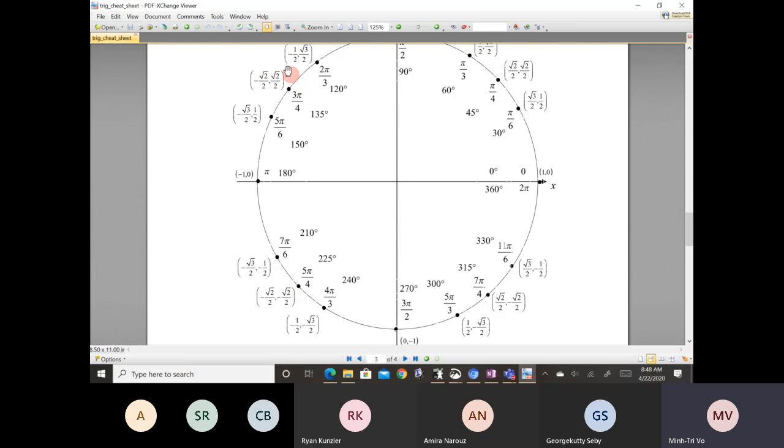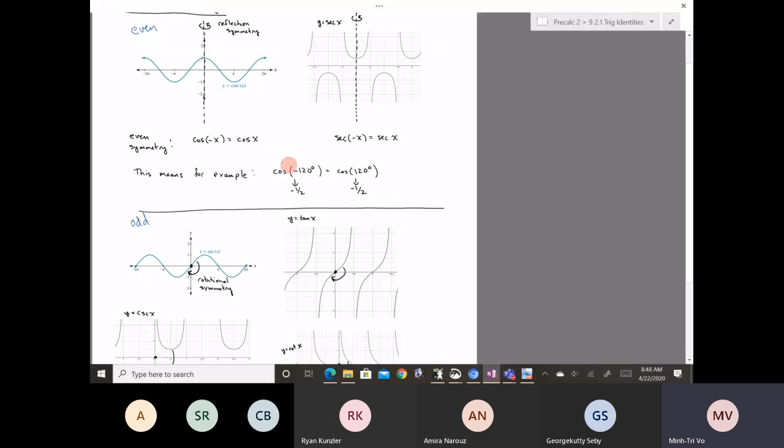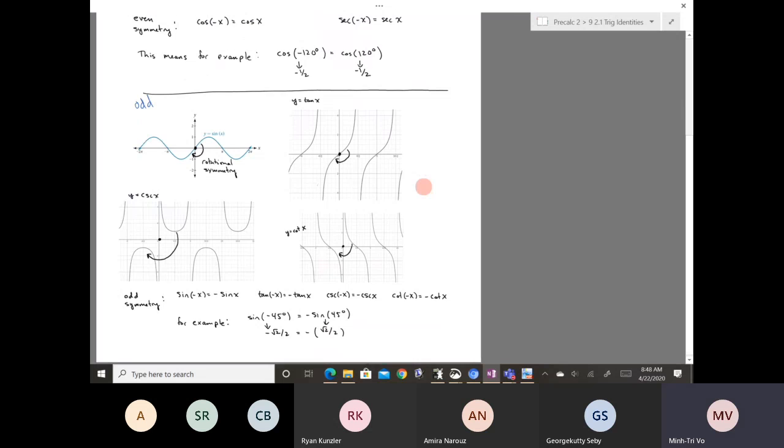The x-coordinate on the top half of the unit circle is always the same as the corresponding x-coordinate on the bottom half. So this is the same as this, is the same as this, and so on, for the x-coordinates, because whether y is positive or negative, the x is the same when you're going up and down like this. So that's what is being described for cosine here.